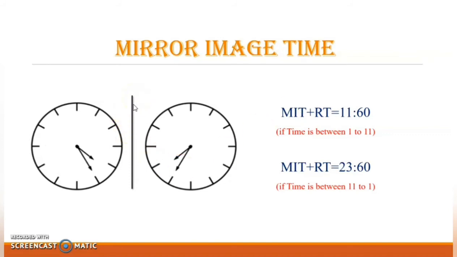Let's try to find the time shown in the mirror image of this clock. If you look at this, one can easily tell that this is 35 minutes past 7. Let's try to get it from the formula.